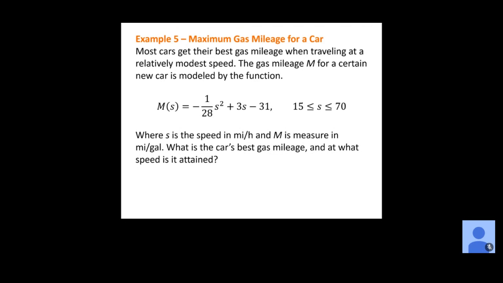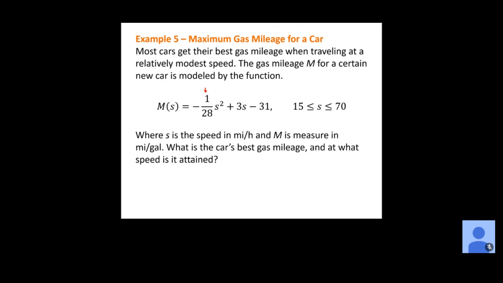So what we want to find now is, what is the car's best gas mileage, and at what speed do we attain that best gas mileage? So we're looking for both the M and the S values where we have the best gas mileage. Well, if you notice here, our A value is -1 over 28.